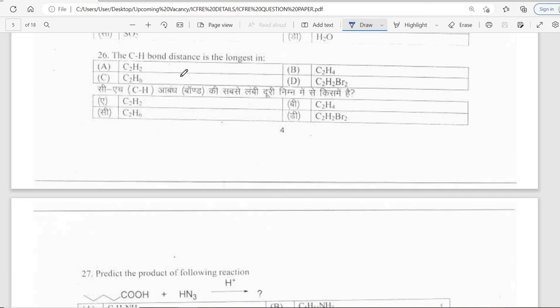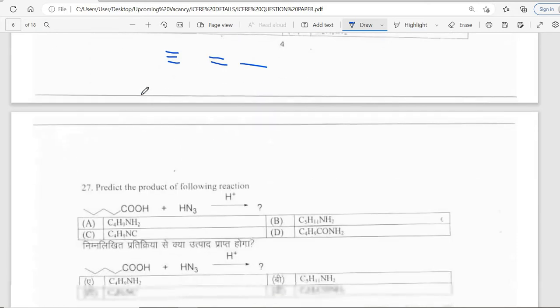The triple bond has bond multiplicity 3 and the shortest bond distance, the double bond is somewhat longer, and the single bond is longest. Acetylene has triple bond multiplicity, and the others have bond multiplicity 2. So only option C, ethane, has bond multiplicity 1. That's why it has the longest bond distance.